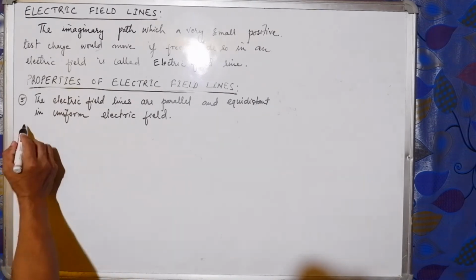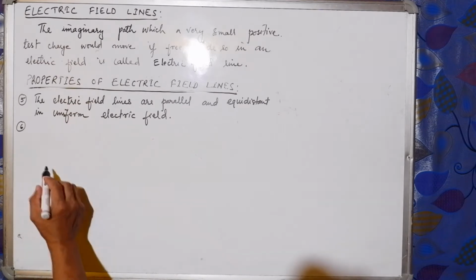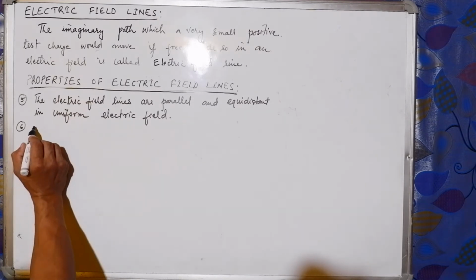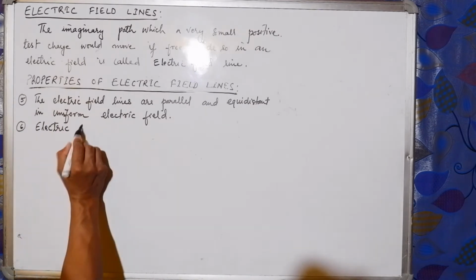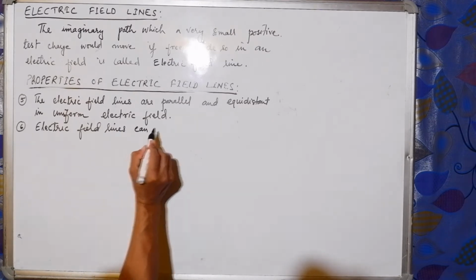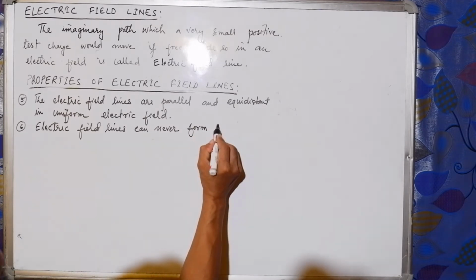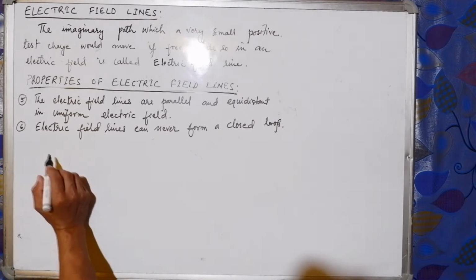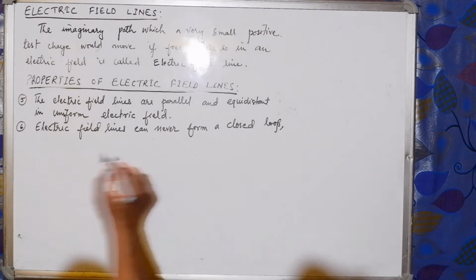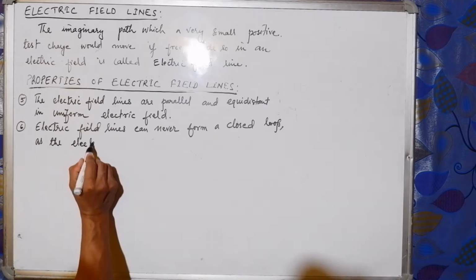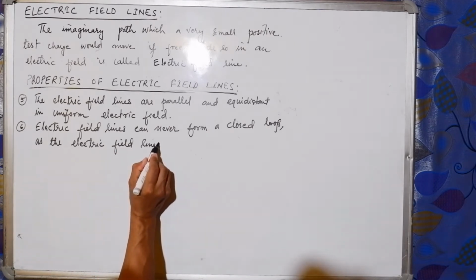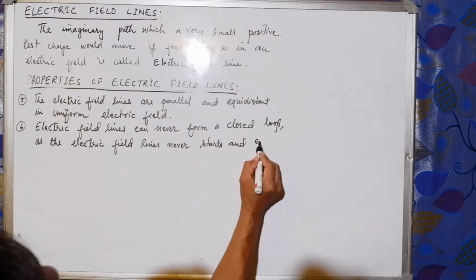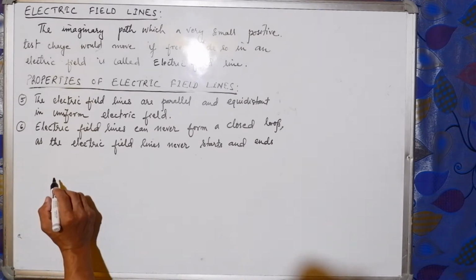Let us go to the next point, that is number 6. Now let us talk about this: electric field lines can never form a closed loop, as a line never starts and ends on the same charge.